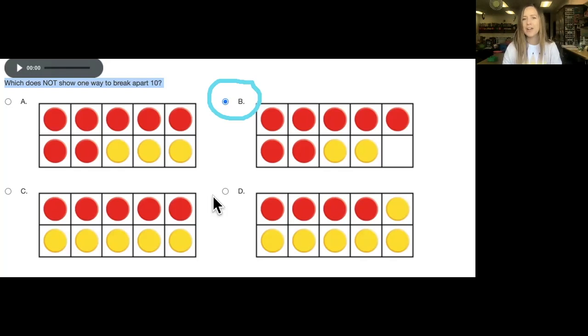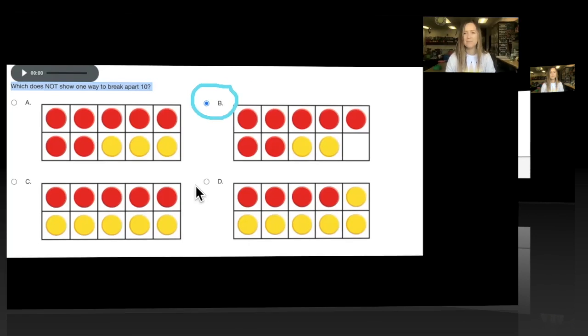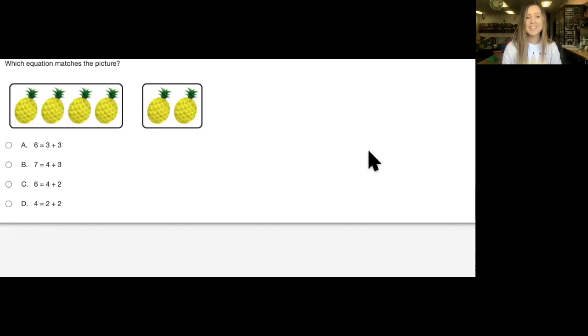Let's check out our next practice question. Our next question says, which equation matches the picture? Let's take a look at this picture. What group is being broken apart? I'll have to count all of the pineapples so I can tell you what the group is. Ready? 1, 2, 3, 4, 5, 6.